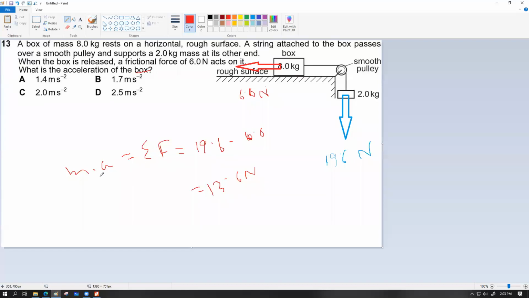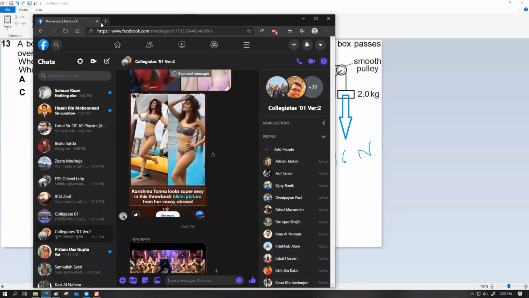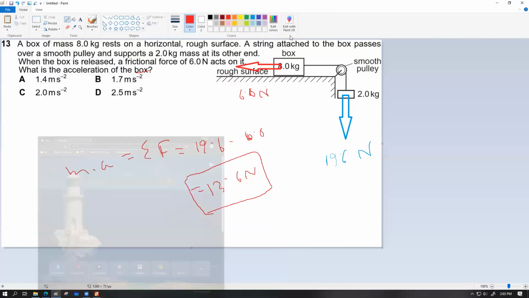Now the important bit is that this 13.6 Newton is responsible to move how much mass? 10 kg. This 13.6 Newton force is responsible to move a total of 10 kg mass, not only 8 kg, not only 2 kg.